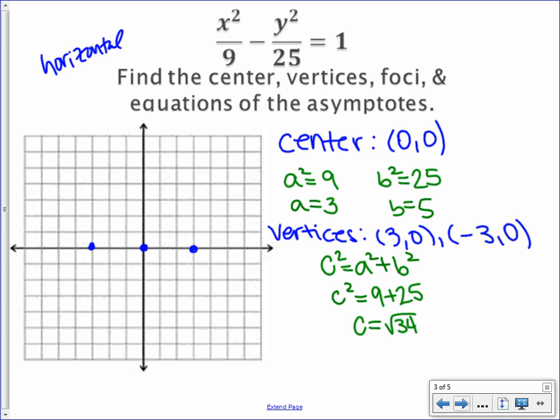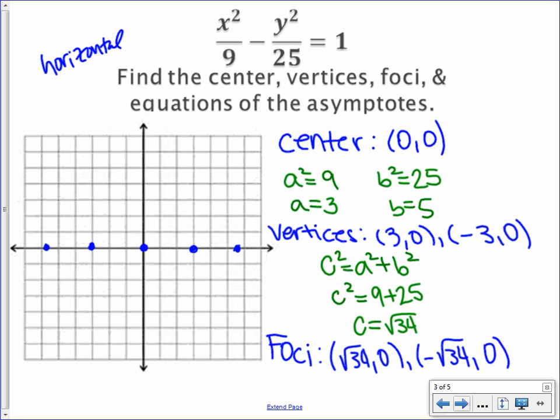Radical 34 is almost 6, not quite. So from our center, we're going to move out almost 6, and so our foci are at (radical 34, 0) and (negative radical 34, 0).